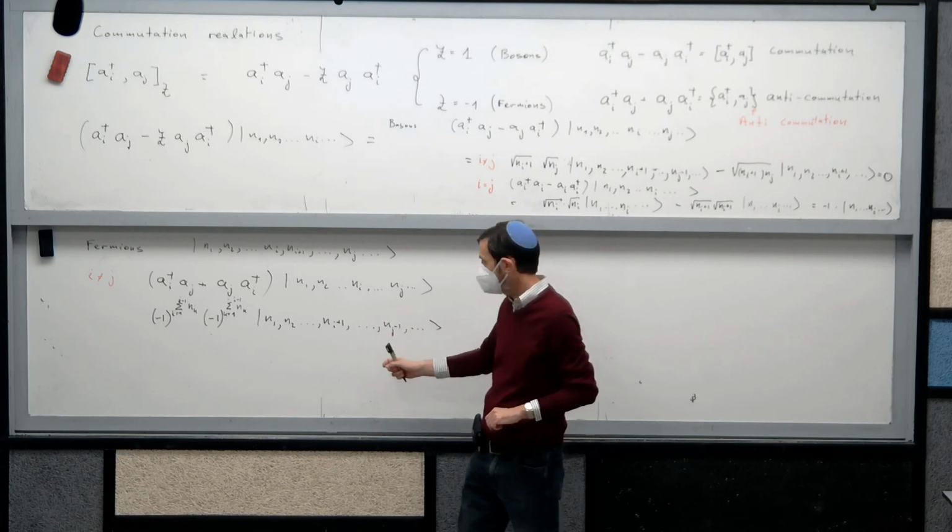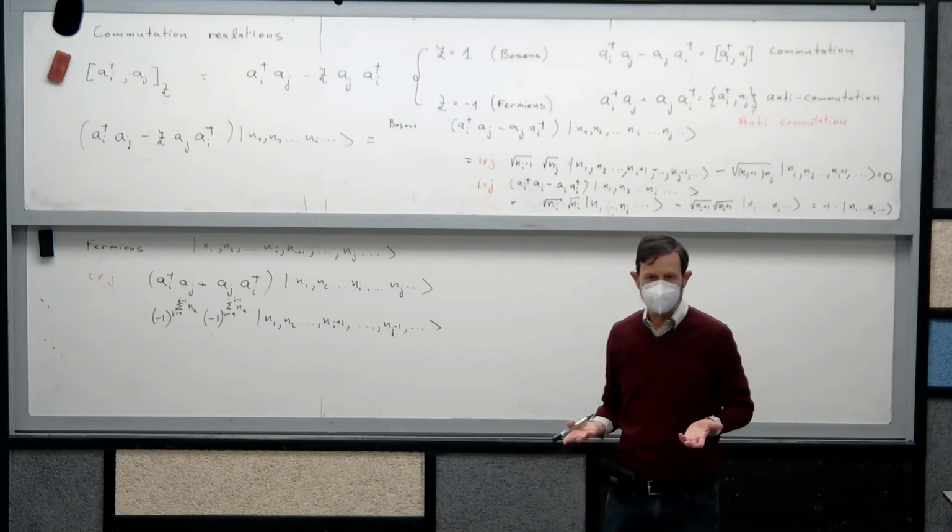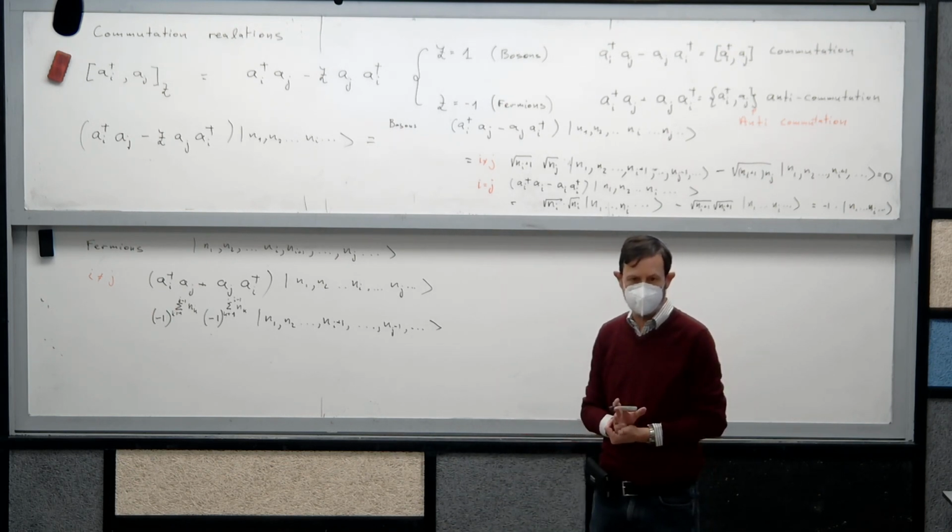It would have been 0. If n_i was equal 1, it would also have been 0.